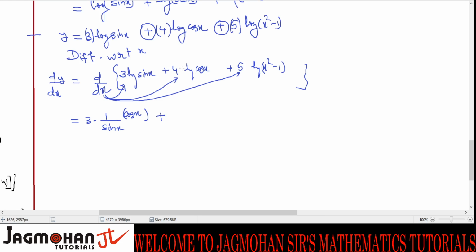Plus 4, a constant outside, d by dx of log cos x is 1 upon cos x into d by dx of cos x, that is minus sine x. Plus 5 d by dx of log x square minus 1 is 1 upon x square minus 1 into d by dx of x square minus 1, which is 2x minus 0.